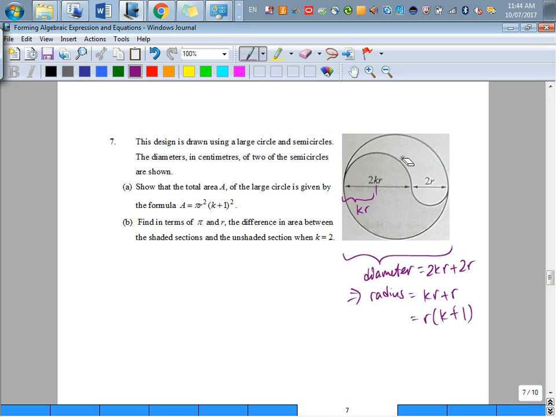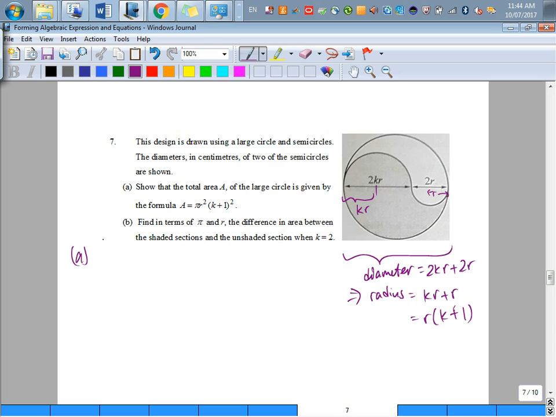Okay, so there are 3 different sizes of circles that we need to consider, and we have all of their radii already. This one has radius r. This one is kr. This one is r times k plus 1. So part A, show the total area of the large circle.